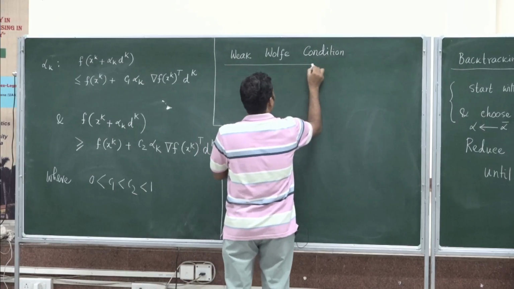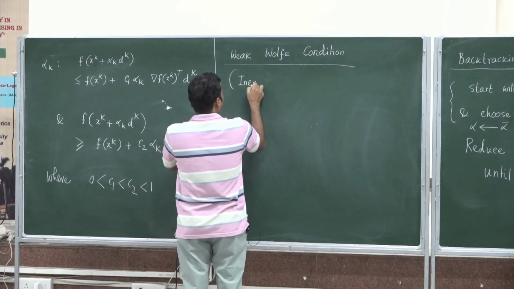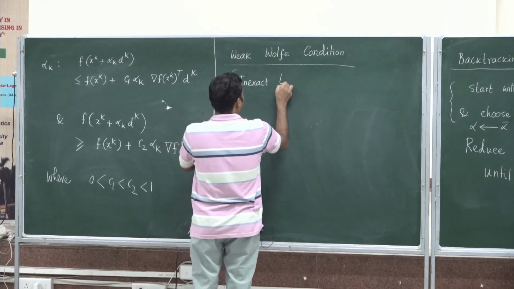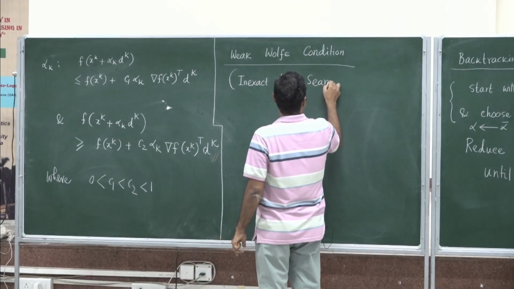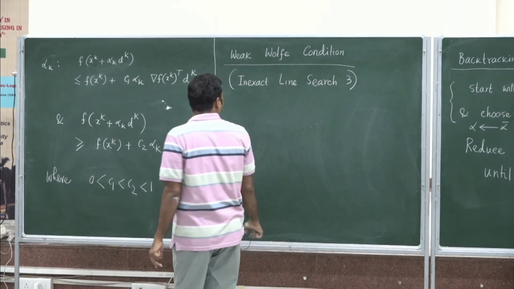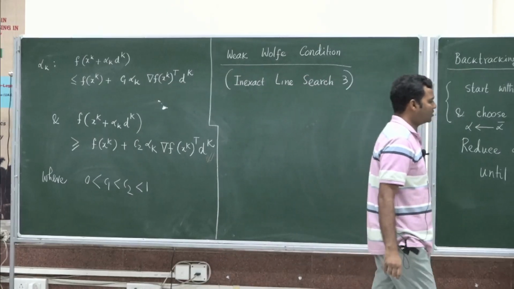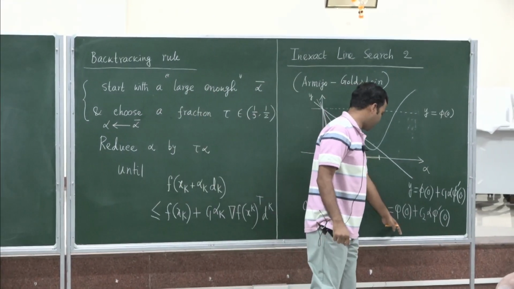And this is our inexact line search 3. We notice from this condition in terms of alpha, I did not write.